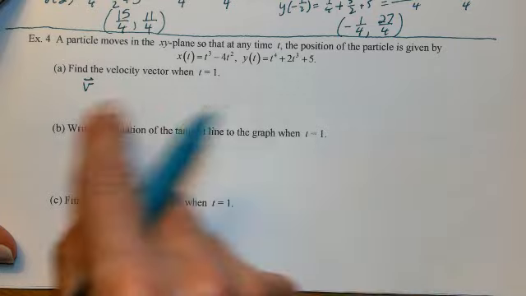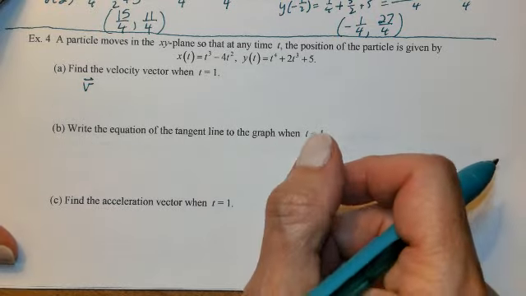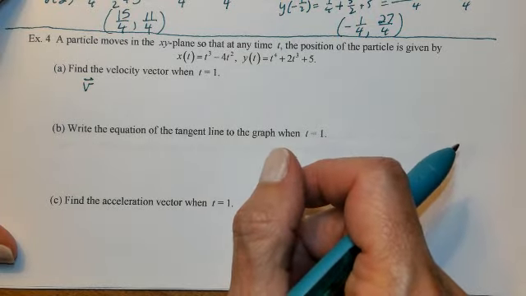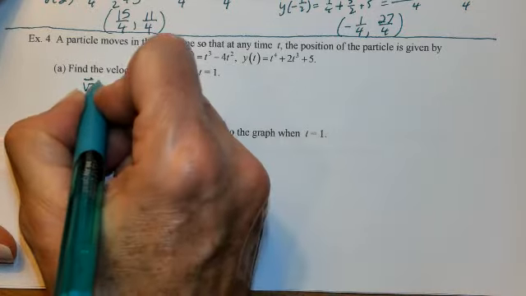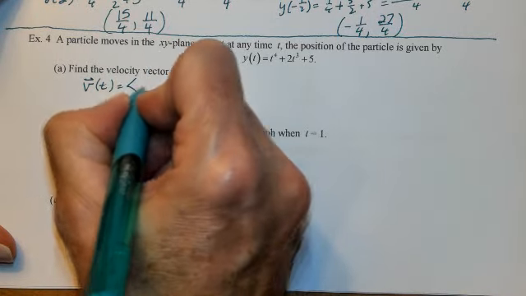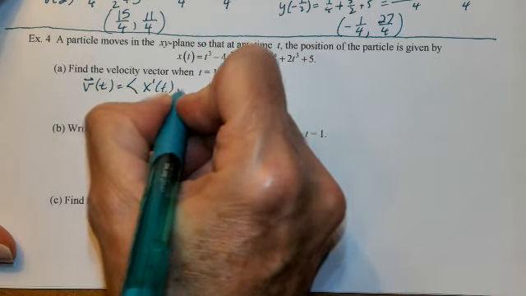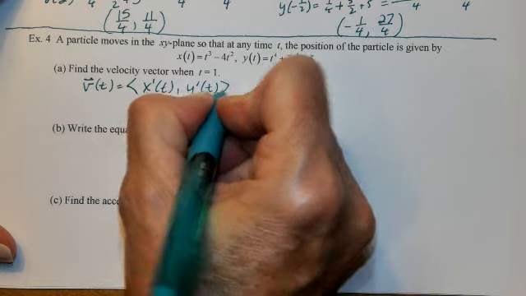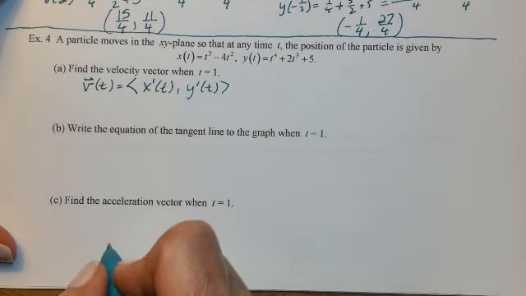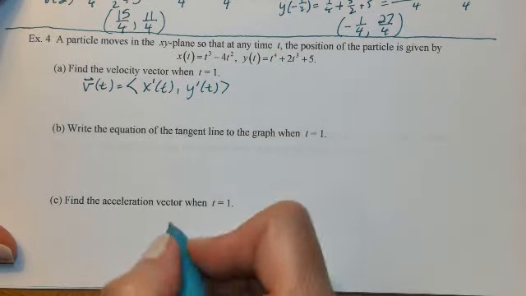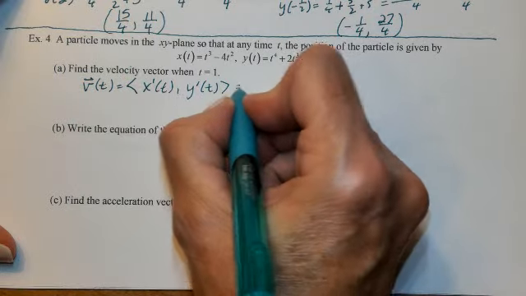The magnitude of the velocity is a number, but the velocity itself is always a vector. And it's easy to find. It's just x prime, y prime. It's not hard to find, but it's not a number. It's a vector.